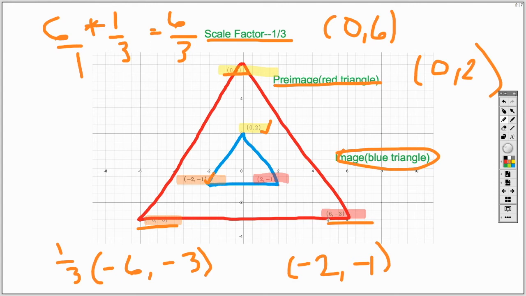Then I can do the same with this one. I can just turn this negative to positive, because they're the same, 6 is just positive in this one. They'll get the same results, but the 2 would be positive. And is it 2, -1? Yes, it is. So this image has been properly dilated, and even if we didn't have all these points already, that's how we would get our dilated image with a scale factor of 1/3.